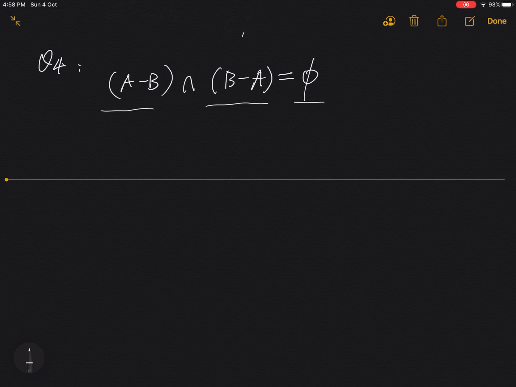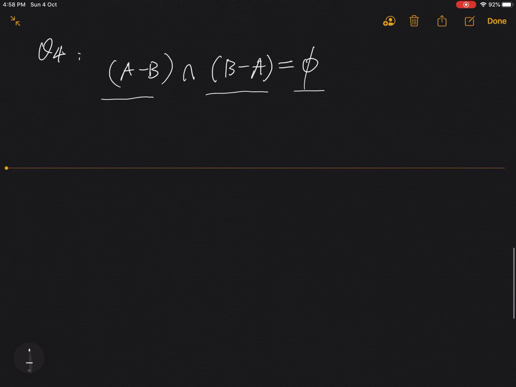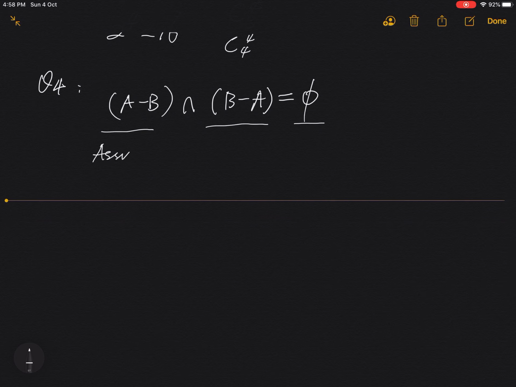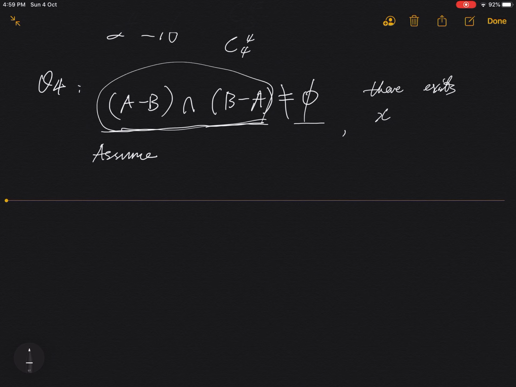It asks us to prove by contradiction, so we need to assume the result is not empty first. So this means there exists X to satisfy this requirement. Okay.